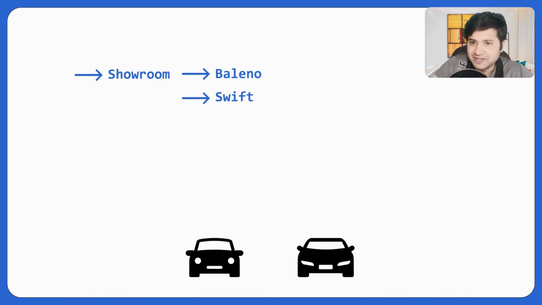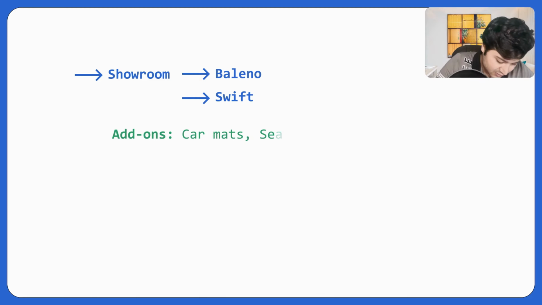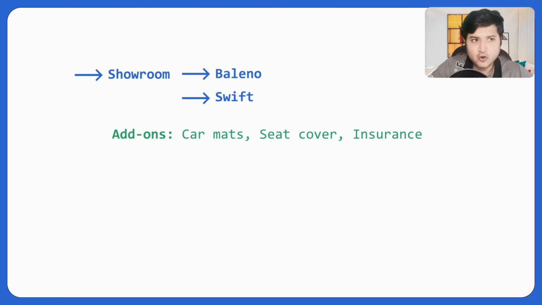You can go ahead and buy any car. You go and check the price, right? What happens is you take add-ons also. You can add additional features, for example, car mats, seat covers, let's say insurance. You can add all these things when you purchase a car and the cost will differ, right? And these are dynamic.